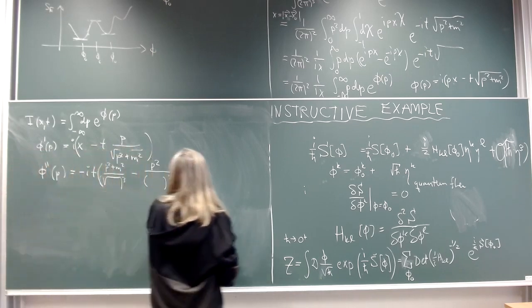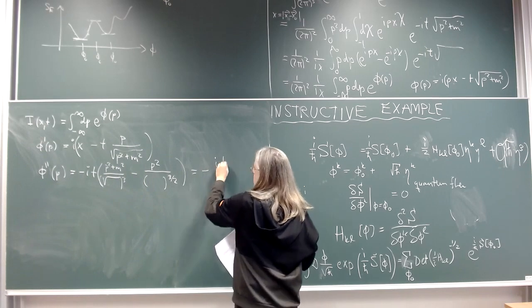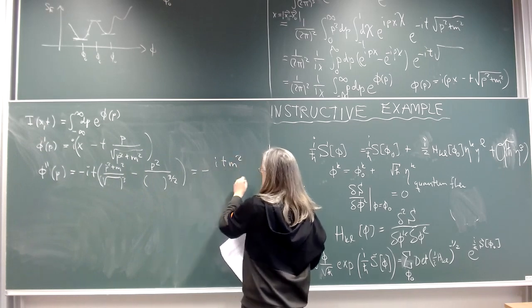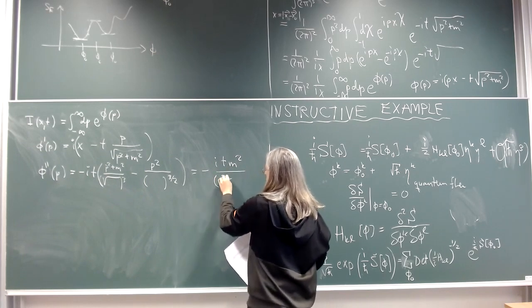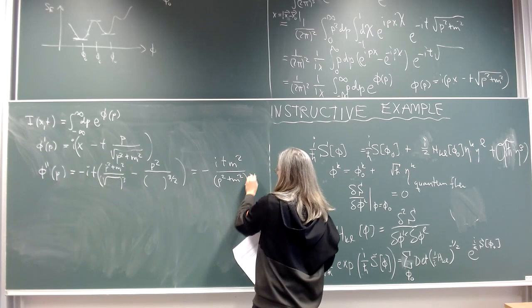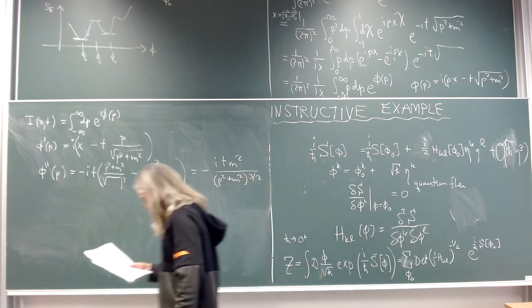So it becomes something like minus i t m squared over p squared plus m squared to the 3/2. Does that make sense?